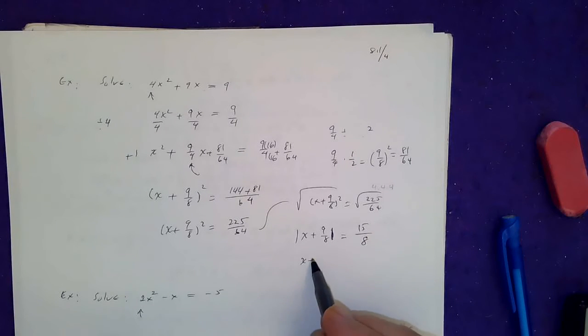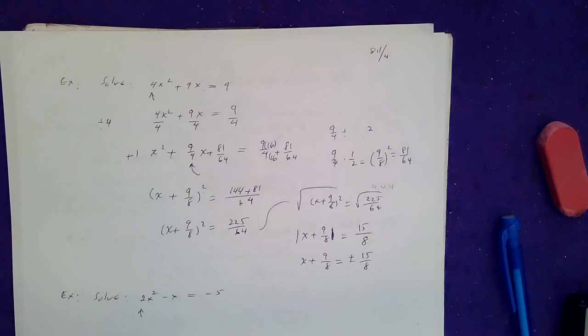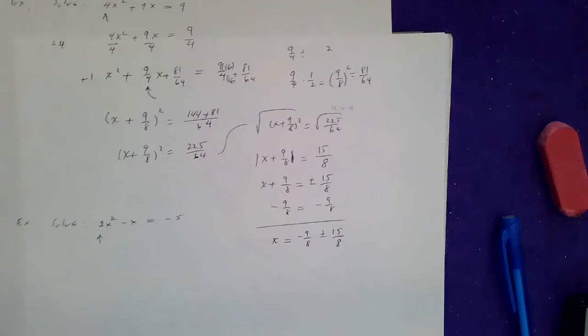Drop the bars, attach plus or minus. Now subtract 9 over 8 from each side, and lo and behold, you get x equals negative 9 over 8 plus or minus 15 over 8.